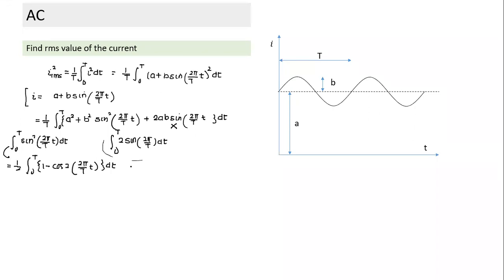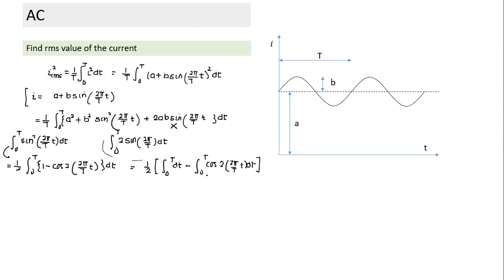And this term also becomes equal to integration of 1 by 2, integration from 0 to t of dt, minus integration of cos of 2 pi by t into dt. This term will again come equal to 0.